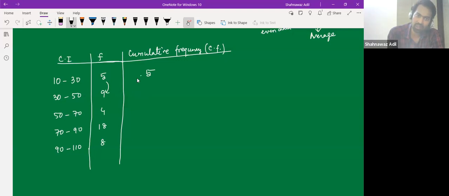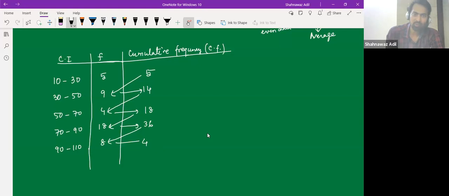This would be 14. Then you add the next one, so this would be 18. Then this would be 36, and then this is 44. This is called the cumulative frequency.